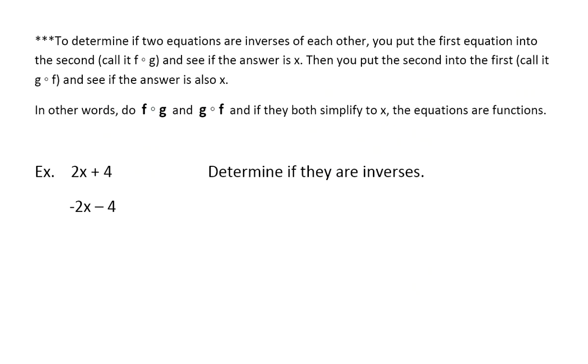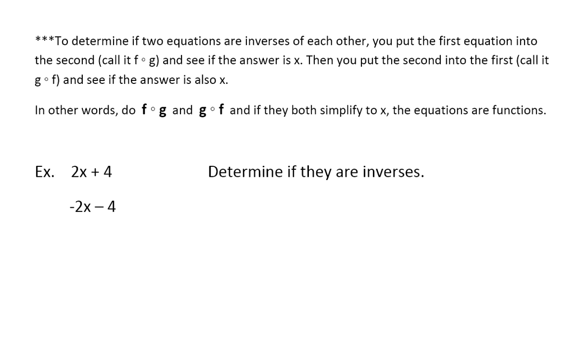Now this is where the section we did yesterday, or earlier, 8.1, is combined with section 8.2. You will be asked to determine if two equations are inverses of each other. So to do that, you put one equation, the first, into the second, and we'll call this f of g, and see if the answer simplifies down to x.